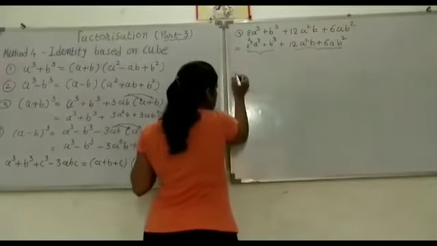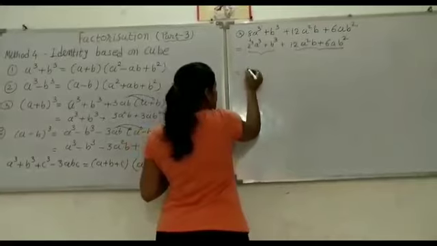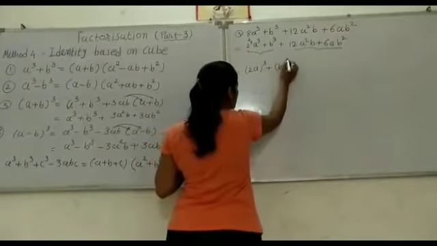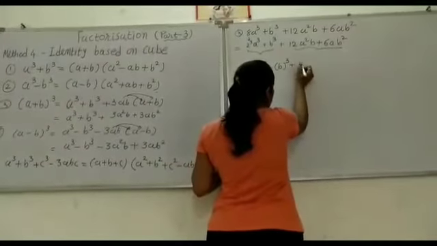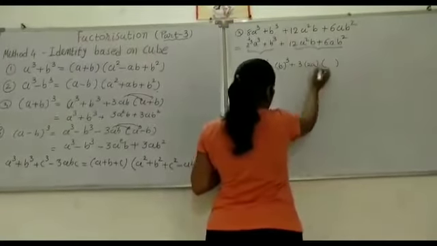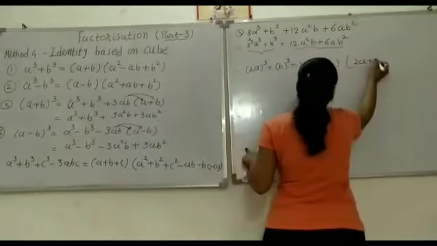Now arrange this whole step according to our identity: 2a whole cube, b whole cube. Now you write it this way: 3 times first, second. So your first is 2a, second is b, and in bracket you should write 2a plus b.